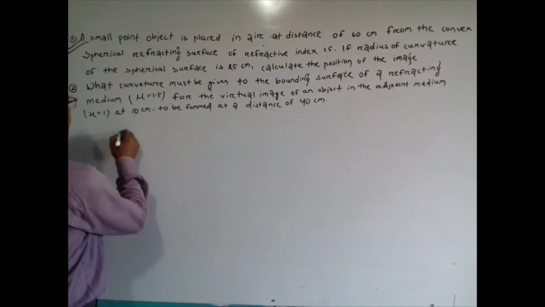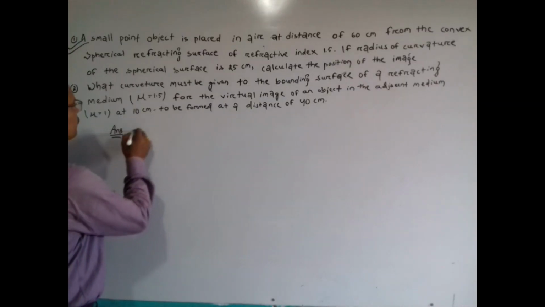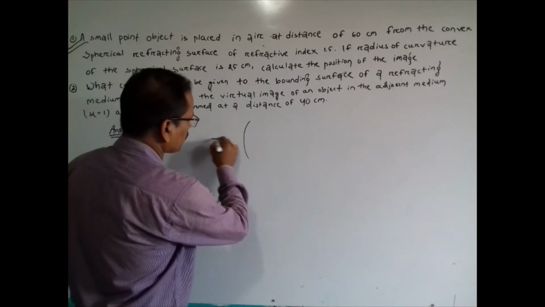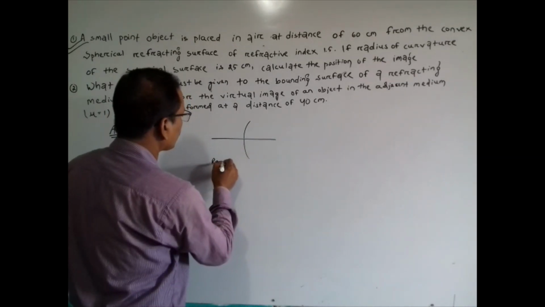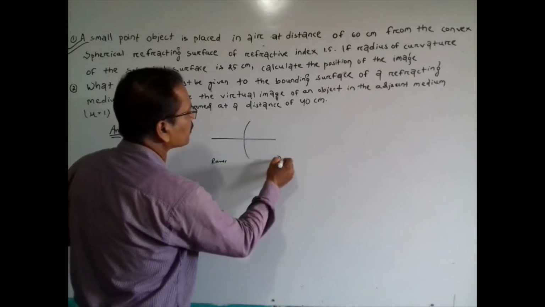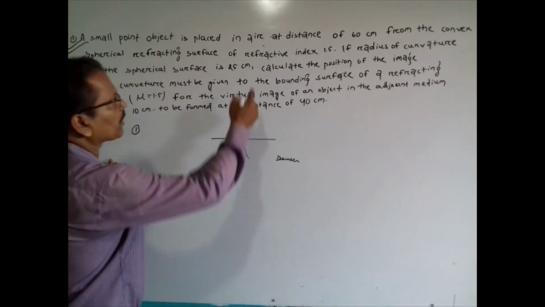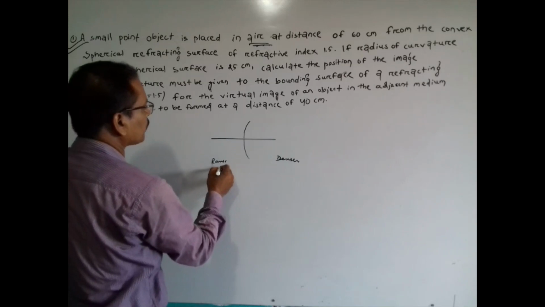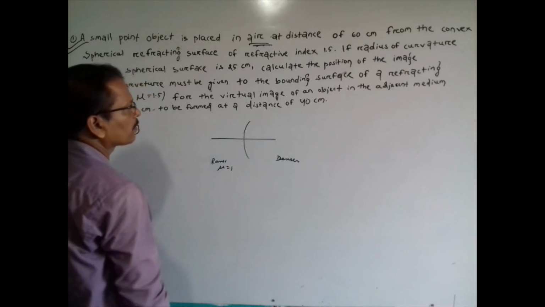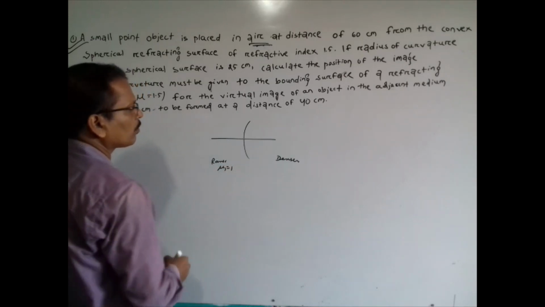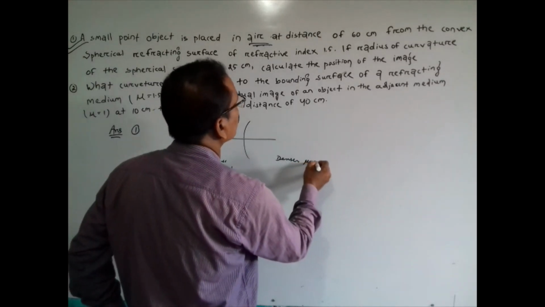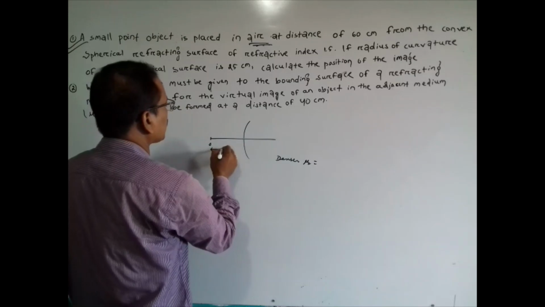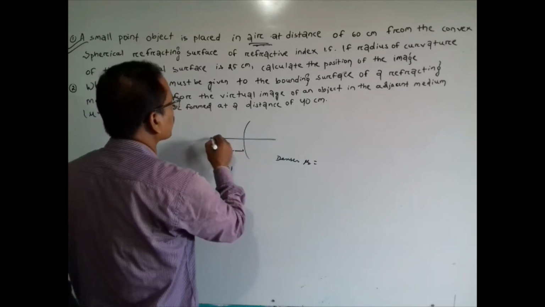Convex surface, first look, this is the convex surface, this is rarer and this is denser, because the object is placed in air. So in this case mu1 is equal to 1 and mu2, the refractive index of the spherical surface, is 1.5. This is the object at 60 cm.